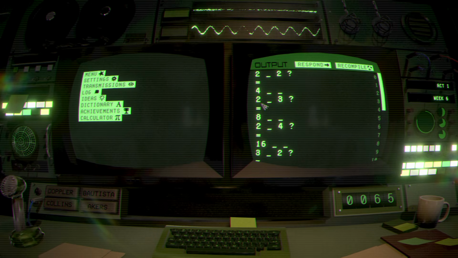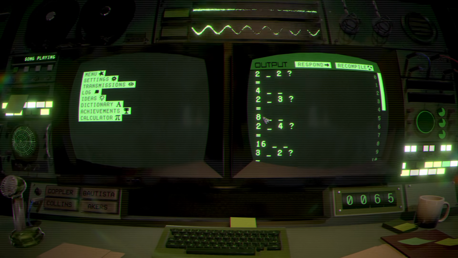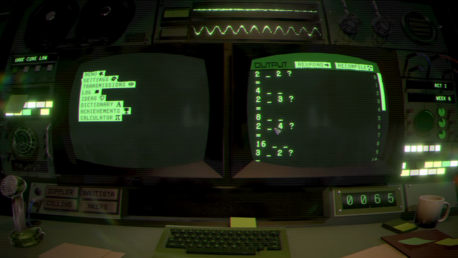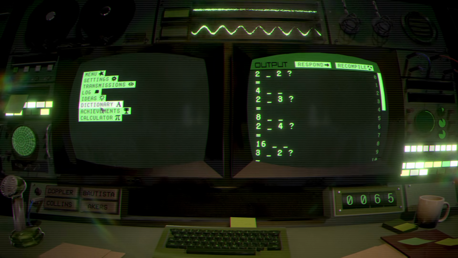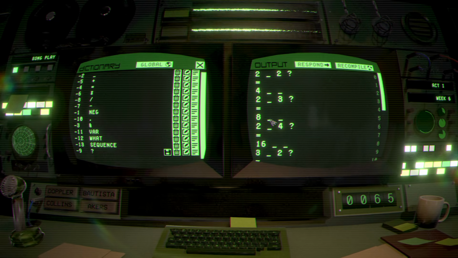So 2, 3 equals what? 8. Is it power of? Could that be? Dictionary. Right?